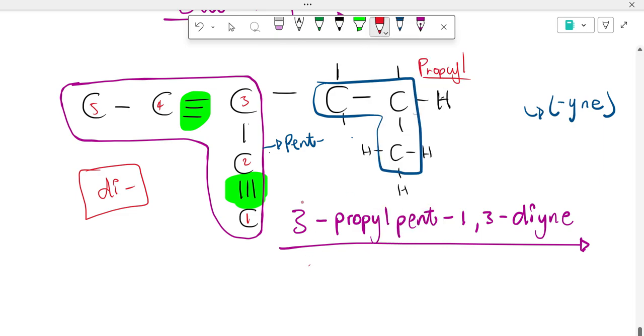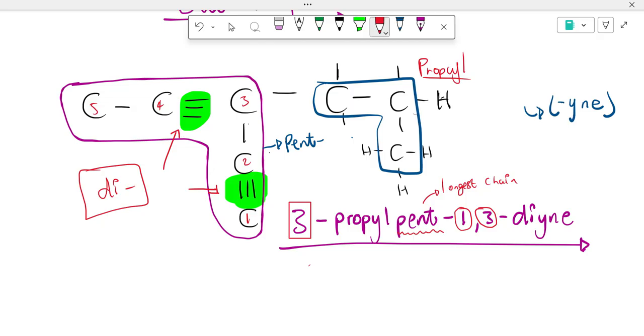So let's analyze this name. The 3 here tells me that my propyl is found on carbon number 3, as you can see. The pent tells me that I have 5 carbons in the longest chain. And we are talking about the longest chain, okay? And then the 1,3, these numbers tell me that these two functional groups are found on which carbons?